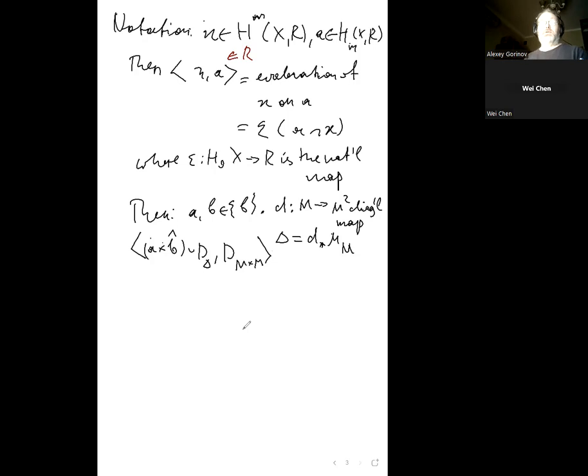And cup this class with A cross B roof, and then evaluate the result on the fundamental... No, sorry, it doesn't make sense.